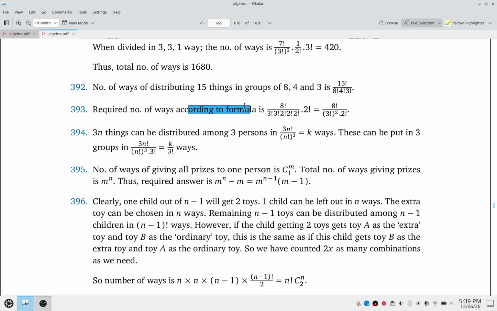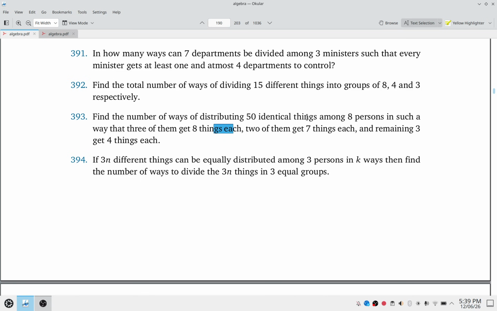I think this is a wrong answer. We will discuss 393 later on. This is incorrect. This should be 50 factorial divided by 8 factorial cube multiplied by 7 factorial square multiplied by 4 factorial cube. That is what it should be. No, that is for different things.